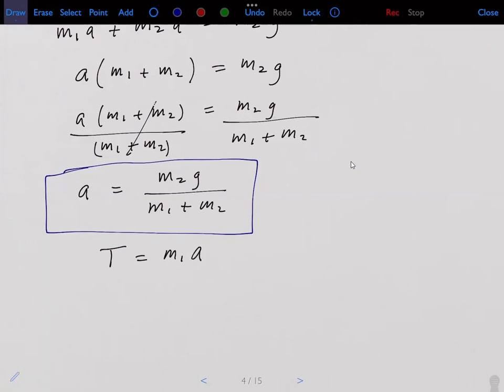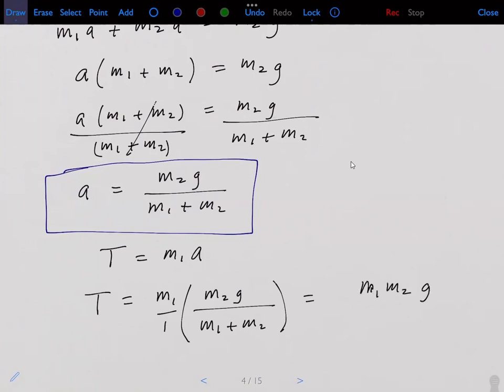So if I plug in a, this is going to be m2g over m1 plus m2. If you multiply these, you can think of it as m1 over 1. This is going to be m1 m2g over m1 plus m2. So that's going to be my solution for t.